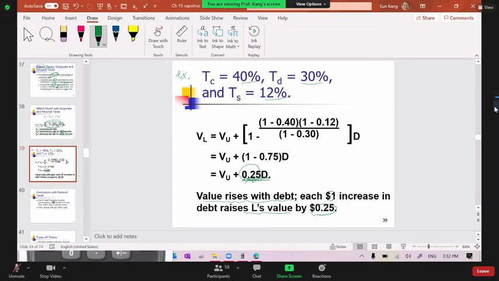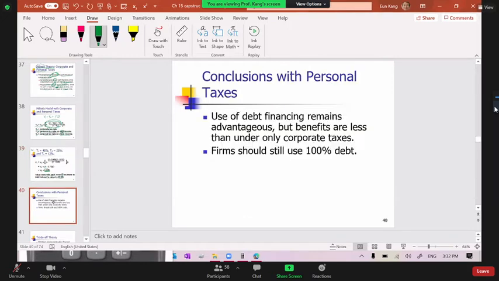So according to this one, debt financing still remains advantageous because VL is greater than VU, but the benefits are less than under only corporate tax.